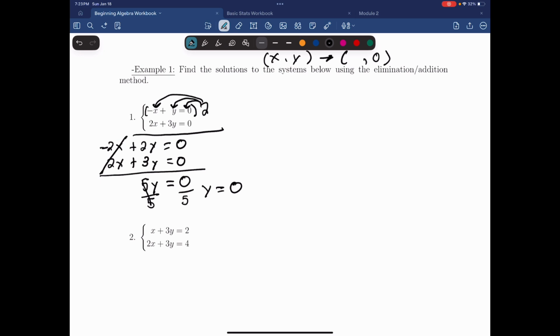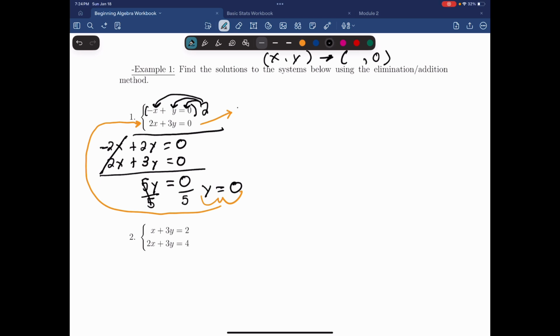To figure out the x part, here's what we can do. We can take what we got for our y value, which is 0, and plug it in to one of the linear equations we have up here. So I'm going to plug it into the second equation.